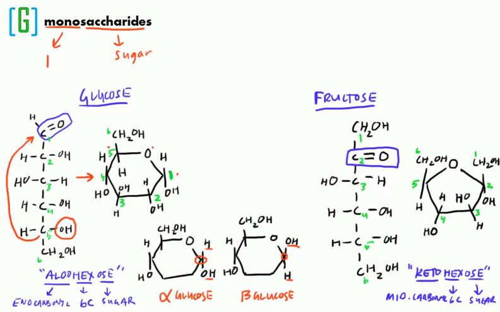Okay, so if you're wanting to try to figure out how did we go from this chain formation of fructose into this ring formation, you'll probably see it looks something like this. We have to attach our 5th carbon back around to our 2nd carbon, because you'll notice the 1st carbon and the 6th carbon are sticking off of the ring by themselves. So that means we need to attach our 5th carbon and the hydroxyl group there back up around to the 2nd carbon.